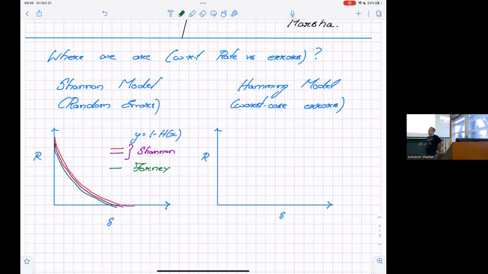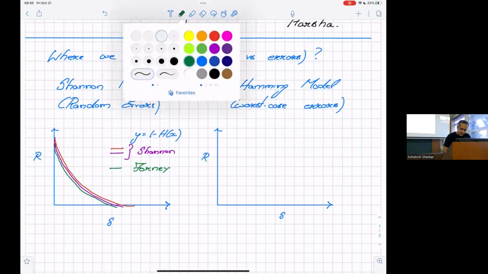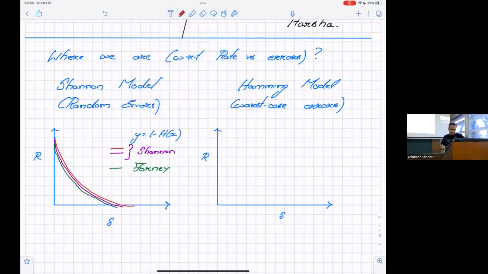But let's go to Hamming. The picture is not so satisfactory with respect to Hamming. What do we have? We had several upper bounds. By the way, this is the point half. We came up with the Singleton bound, the Plotkin bound, and the Elias-Bassalygo bound.